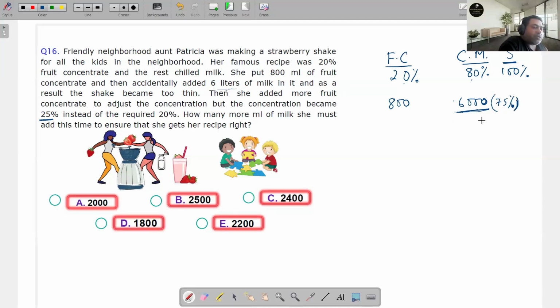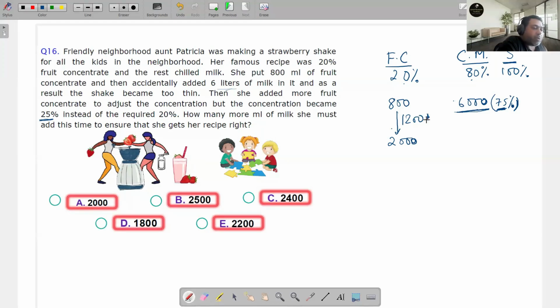And therefore the rest will be your fruit concentrate. If this is 75%, then the remaining 25%, which is fruit concentrate, will be 1/3 of 75%, so that will be a total of 2000.